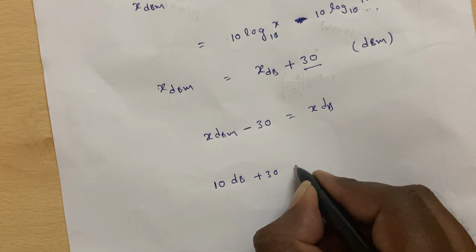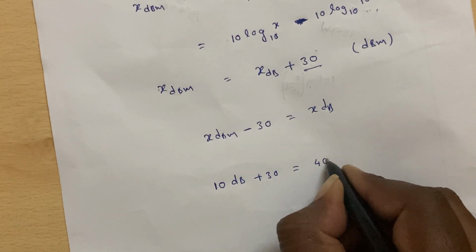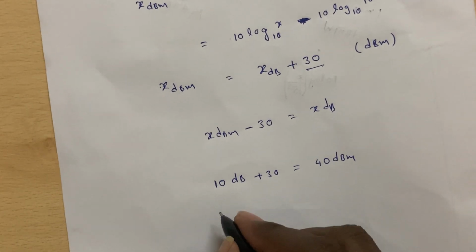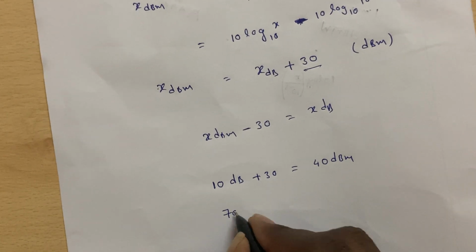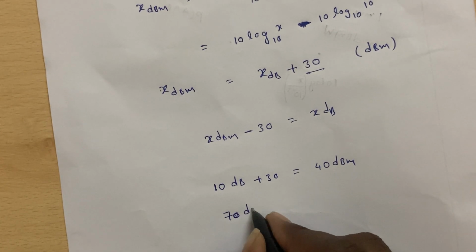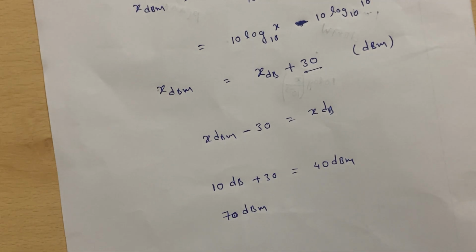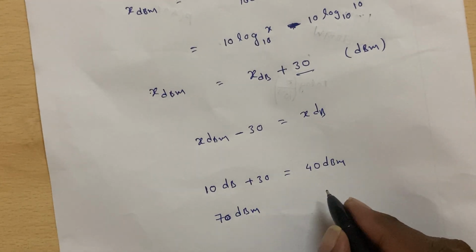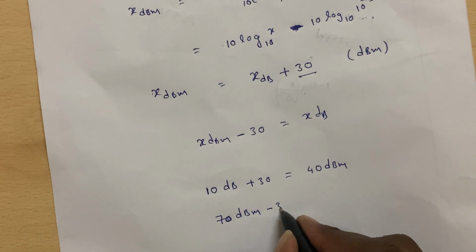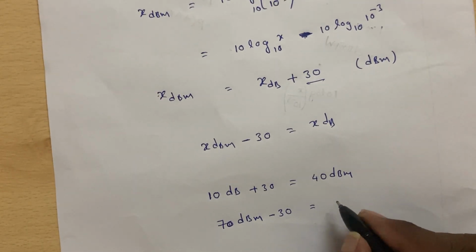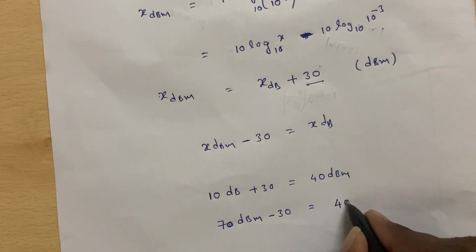Its dBm value is 40 dBm. Similarly, I have a quantity of 70 dBm. How to find its dB value: minus 30, and that is equal to 40 dB.